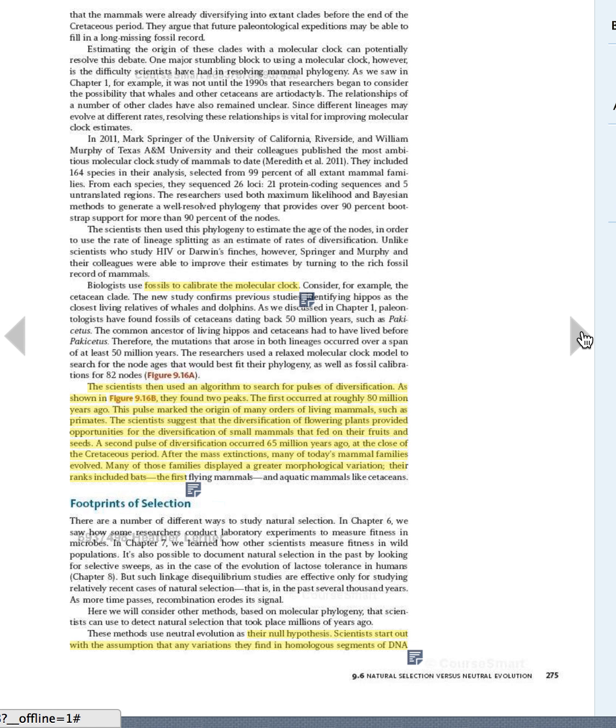They'll talk about using fossil calibrations to improve the estimates for molecular clocks. We'll talk about that more in class. And then they give you 2 results of this study. Okay, mostly what I want to focus in on is some of the more broad level things here. So now they're going to talk about how you test selection. Down here, this is the null hypothesis for when you're testing for evidence of selection at the bottom of the page there.